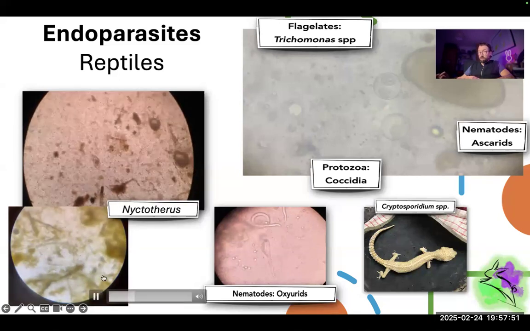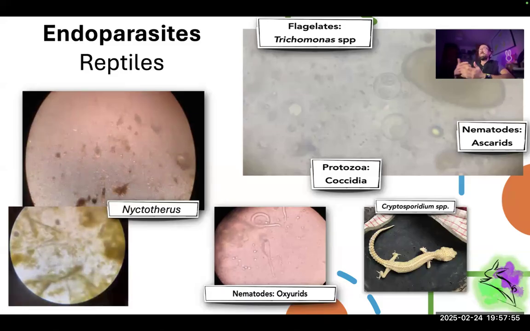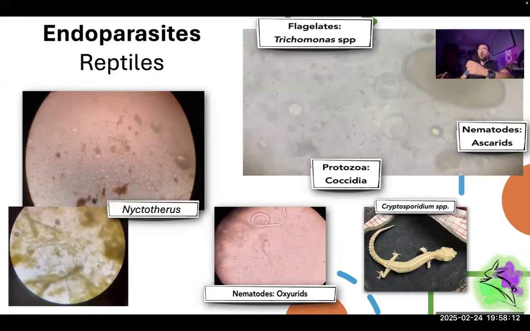Sometimes, like in the video on the bottom left, they can start building up in number, and this could be indicative of a dysmicrobism, a disbalance at the level of the intestine. But again, these parasites usually are perfectly innocuous. They're not causing any problems, but they could be a sign of something else.